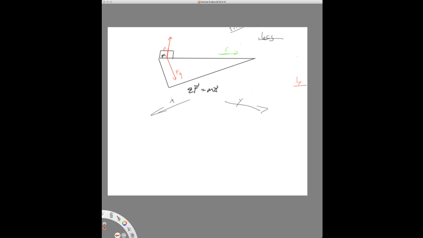And my normal force vector, if I had done this correctly, should have been straight up and down. Okay, so what is the advantage of doing this? The advantage is I don't care about the y direction anymore. Okay, I don't care about the y direction because this thing only moves in the x direction.